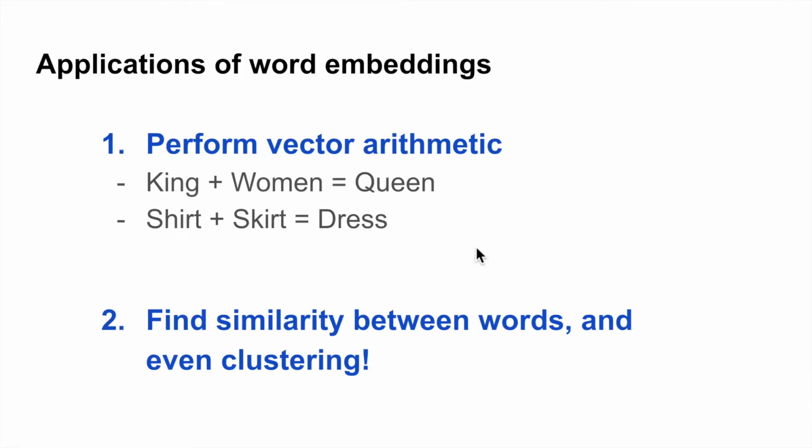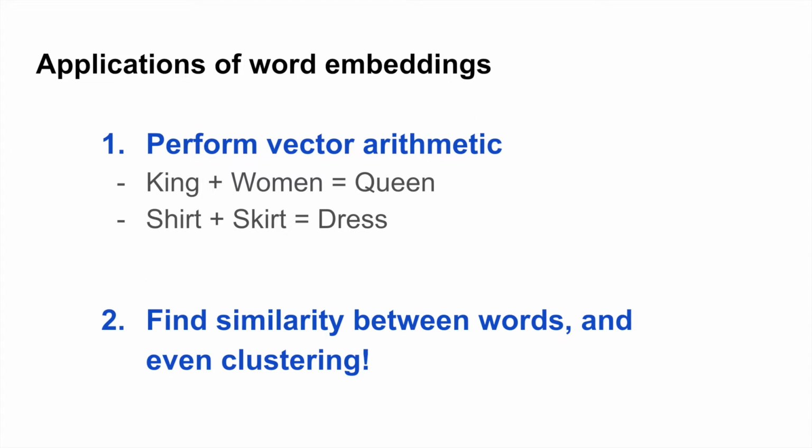Okay, so why would we want to use word embeddings? It basically allows us to perform vector arithmetic. So basically we can do something like addition or subtraction. So if the word king is represented in numbers, like I said, and we add the numbers of king with the numbers of the word woman, we get queen.